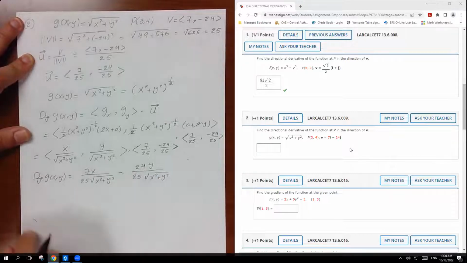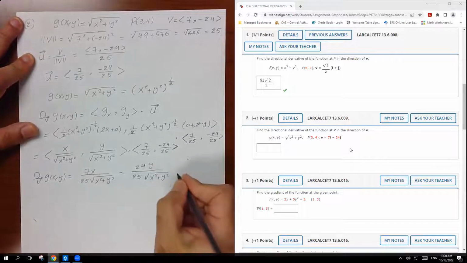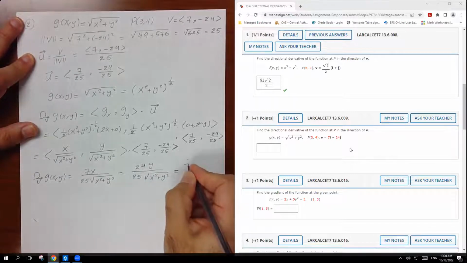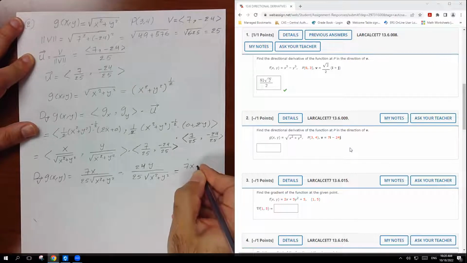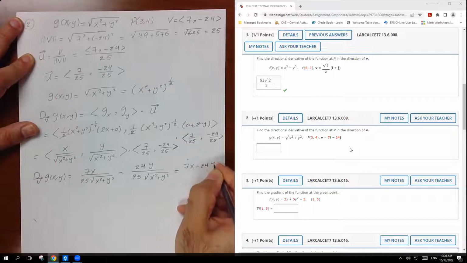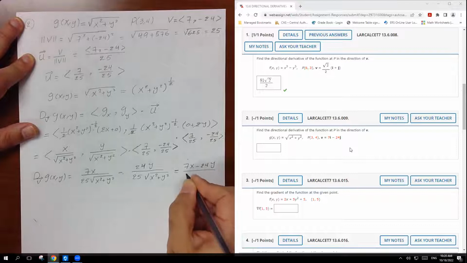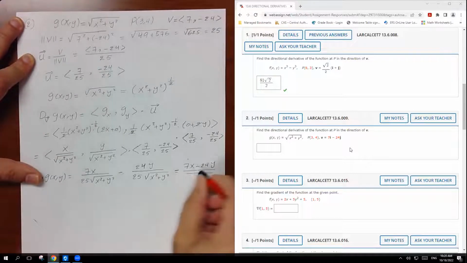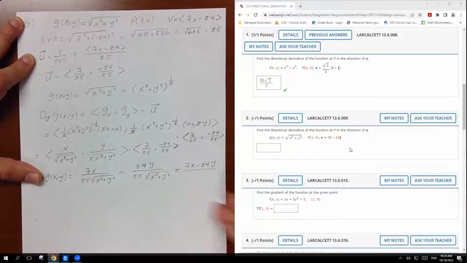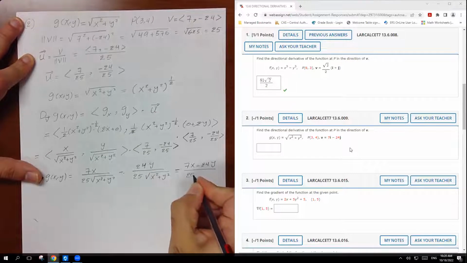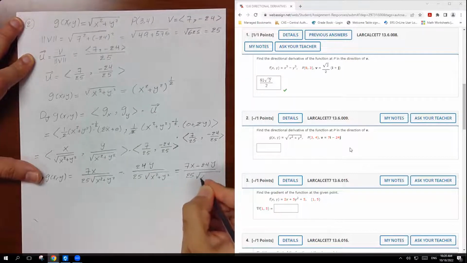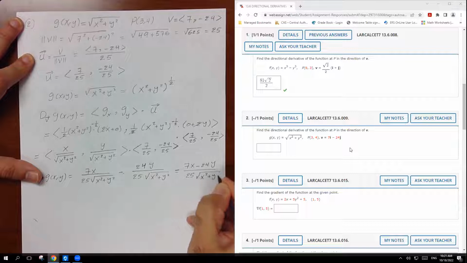We have the same denominator here, so we can combine these together as 7x minus 24y, all divided by 25 square root of x squared plus y squared.